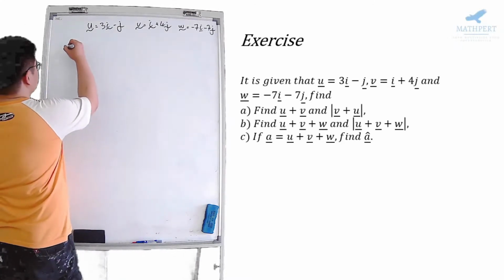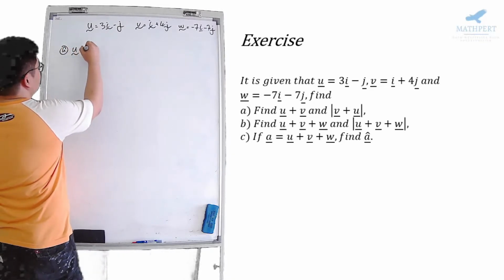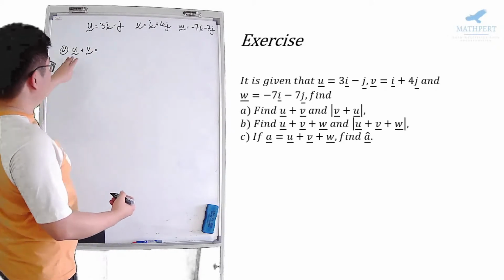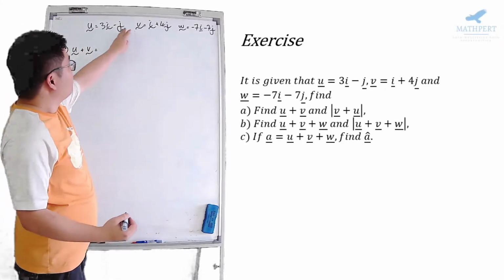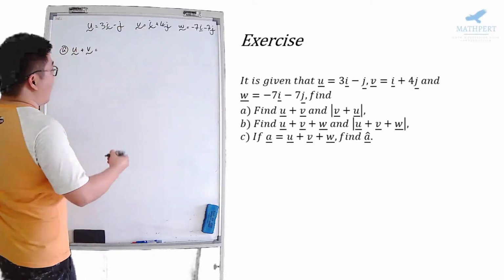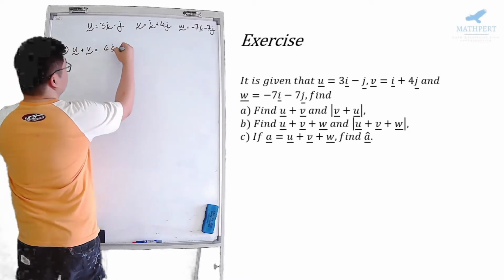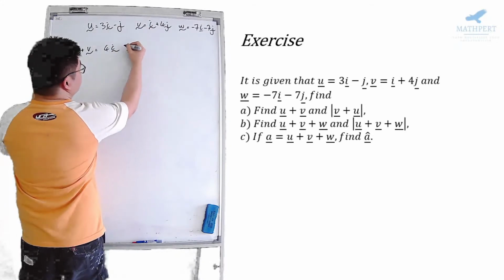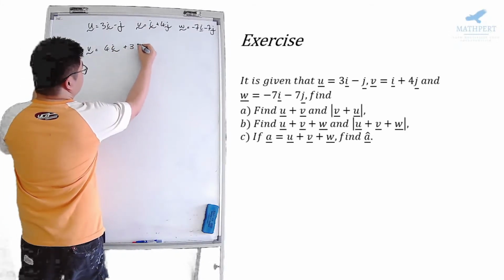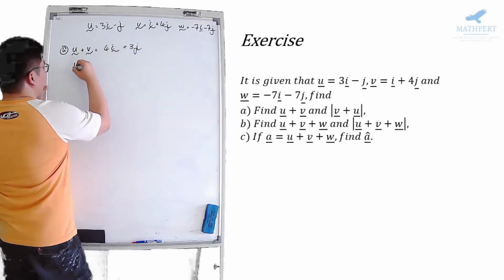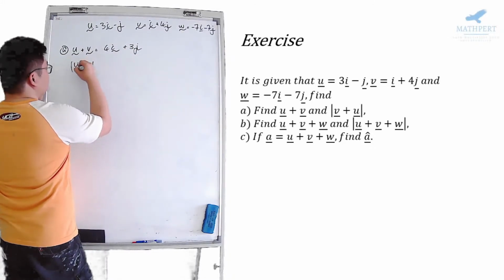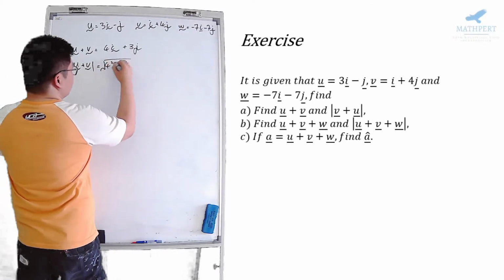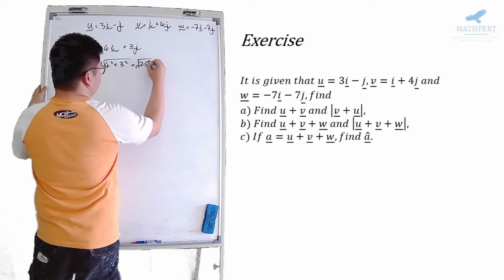So u plus v: 3i plus i gives 4i, minus j plus 4j gives plus 3j. The magnitude of u plus v is the square root of 4 squared plus 3 squared, which is the square root of 25, so I get 5.